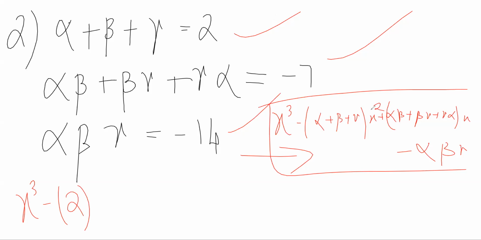This is x cube minus 2 into x square plus, since the sum of the products of its zeros taken 2 at a time is given as minus 7, so minus 7 into x, minus alpha beta gamma as minus of minus 14.